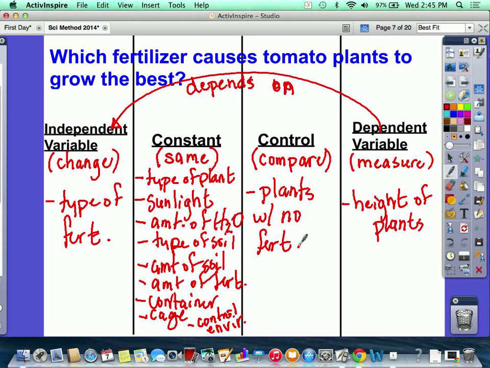So that we can measure our dependent variable, which depends on what? The independent variable. And we're going to use a control to compare the dependent variable to just see if our independent variable really is what's causing the change. Does that make sense? Yes, ma'am.